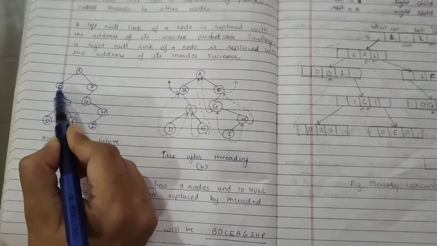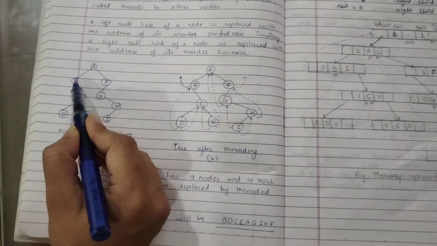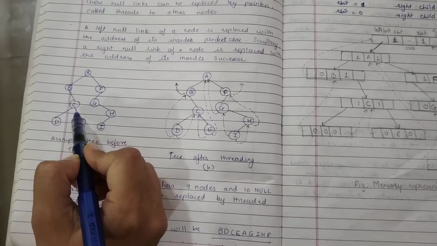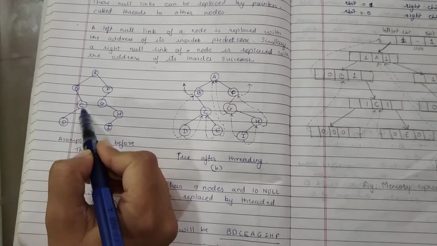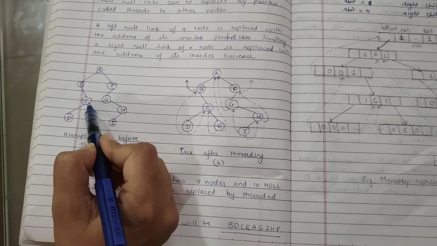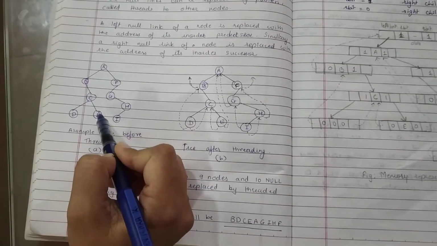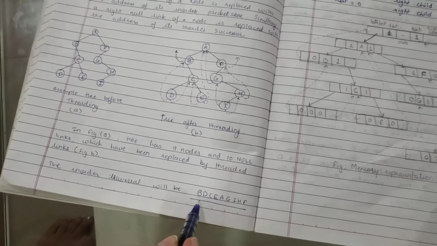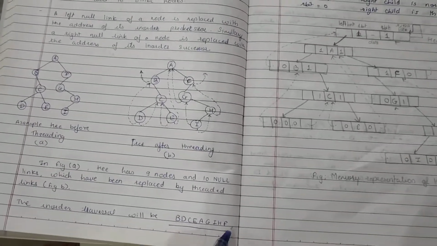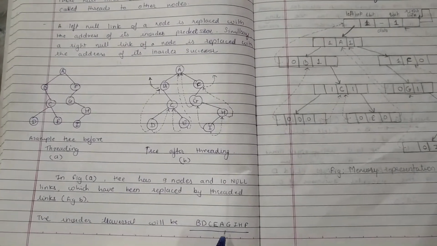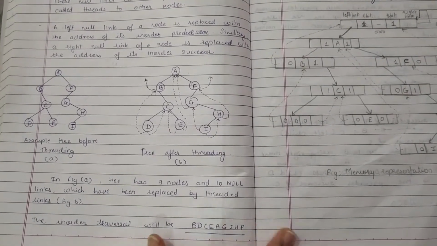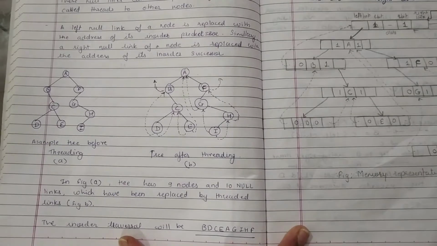Here B is the leftmost node, so visit that node first and then visit the right child of B, that is C. But here C has a left node, so before visiting C, visit first D and then C and then E. Like this we can easily find the in-order traversal of the given tree, that is B, D, C, E, A, G, I, H, F. This is the in-order traversal of the given tree.